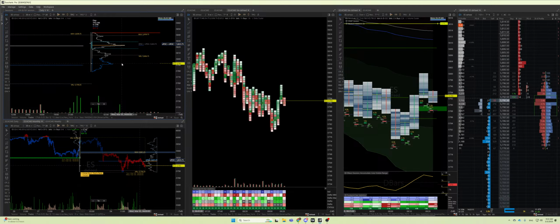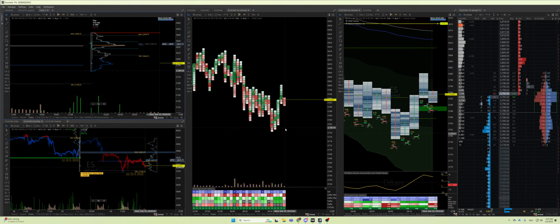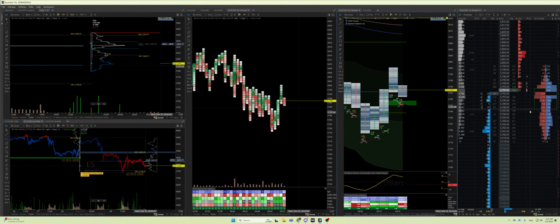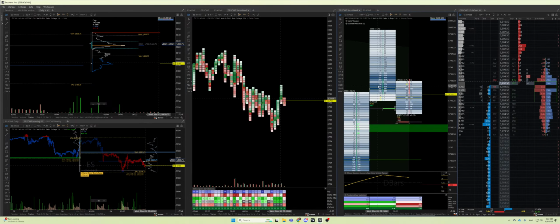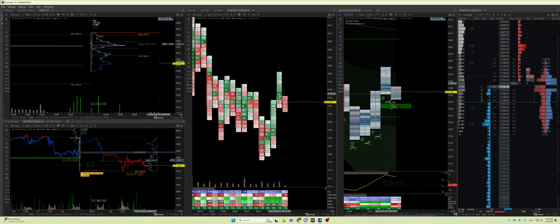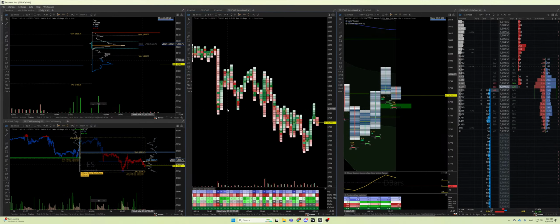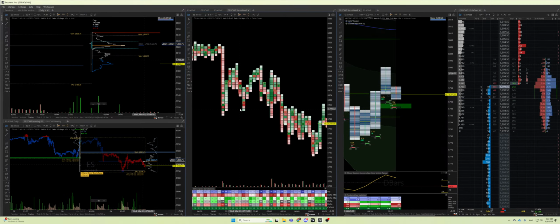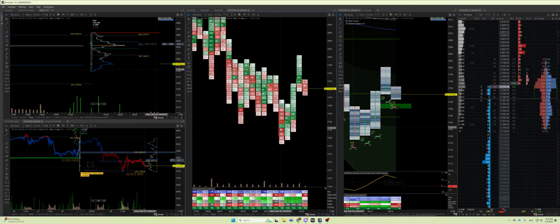We're literally here at that high volume node. We dipped into this. There's a good amount of volume in here, and a good amount of trapped delta down here.